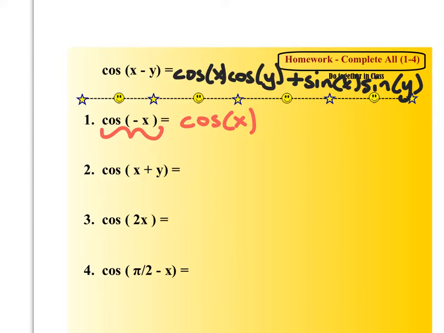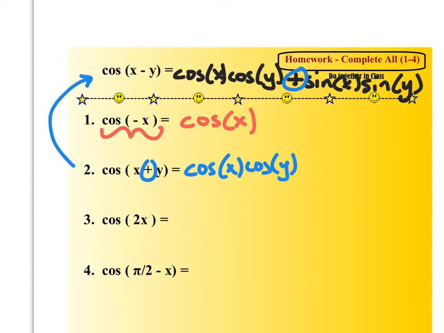Moving on, the second one is very similar to what we proved in the other video. The only difference is that now there's a plus between these two angles, so we swap that for a negative between those two terms. So here we would have cosine of x cosine of y minus sine x sine y. Cool.